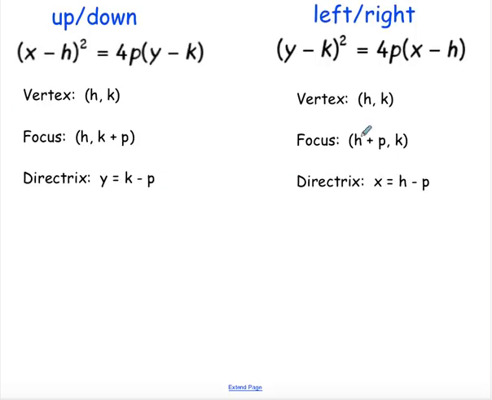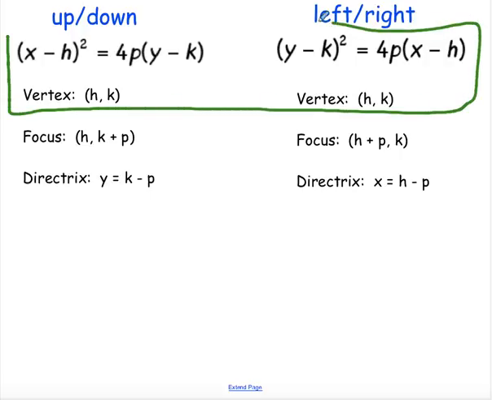Okay, now these are the formulas that are on your formula sheet. And so I mostly use these. I mean, this is not a formula, it's just reminding you the vertex is (h, k).